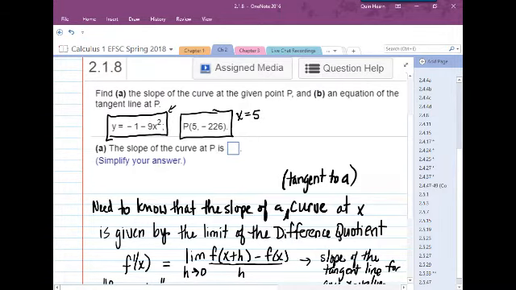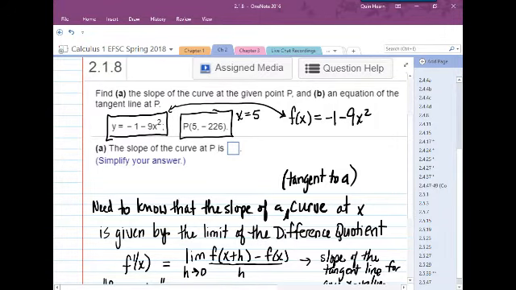Now I use function notation for my formula for the limit of the difference quotient. So what you might want to do is to think of this in terms of function notation. Instead of y, think of it as f of x equals -1 minus 9x squared. And then the formula makes a little bit more sense.